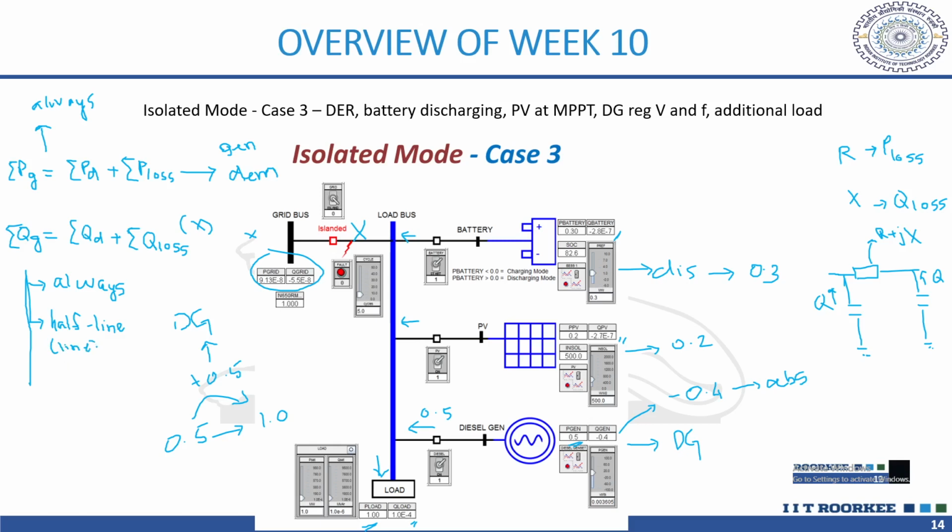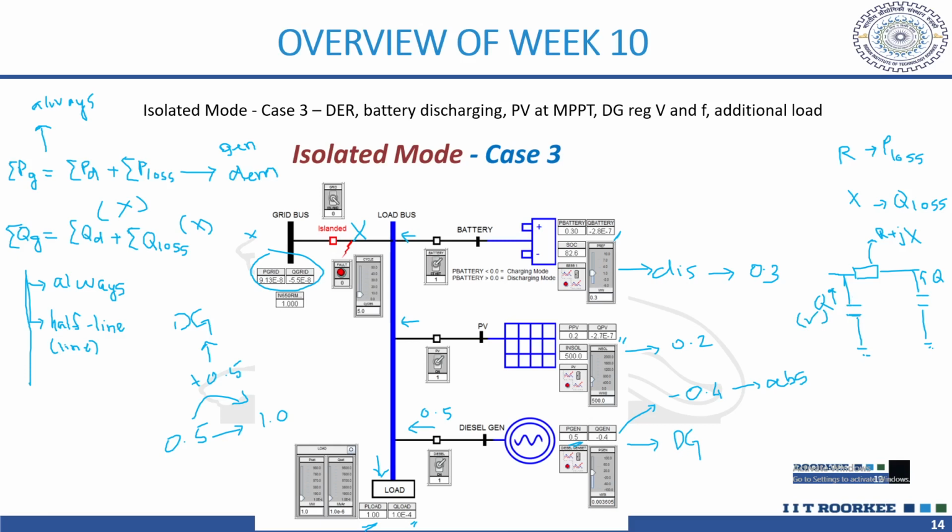So in addition to the Q generation by the generators and Q demand by the loads, the additional source is this line charging. So you can't say this relation will always be true. It will always depend on what amount of Q is being injected or absorbed by these capacitors.